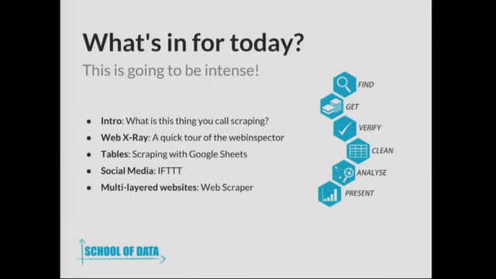You got a crash course on HTML. We talked about scraping tables with Google Sheets and import HTML. We also talked about the coolest website on the internet, IFTTT, and how to scrape information out of Instagram using locations. And we just saw how to scrape information from multi-layered websites using the WebScraper extension.